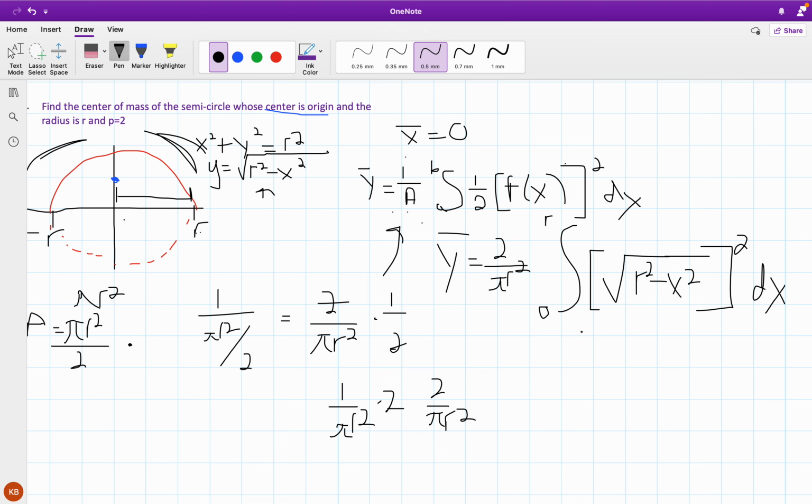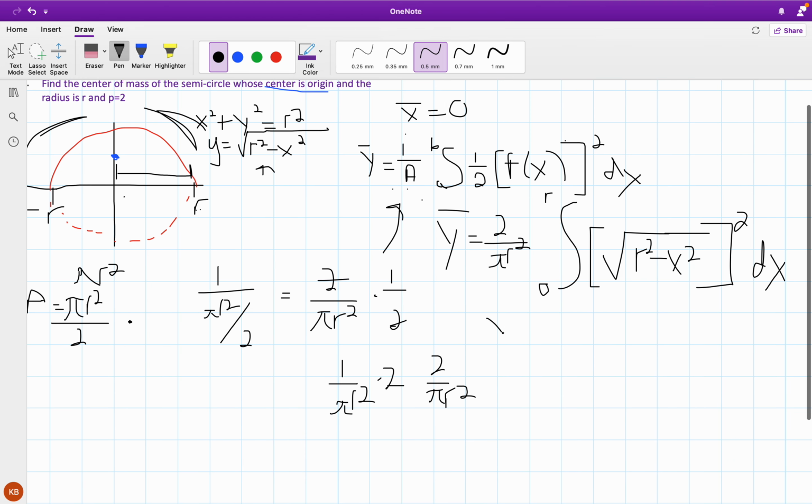So luckily, since it's a square root, the square root squared is just going to be what's inside the square root. So we're just integrating r squared minus x squared dx.